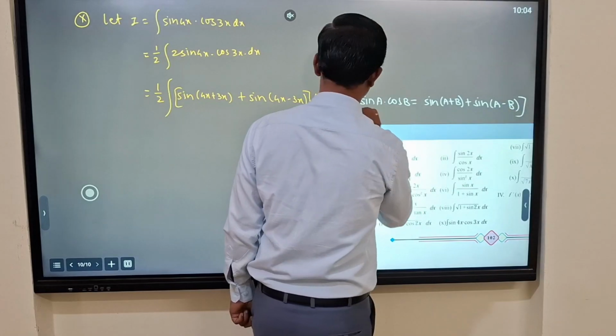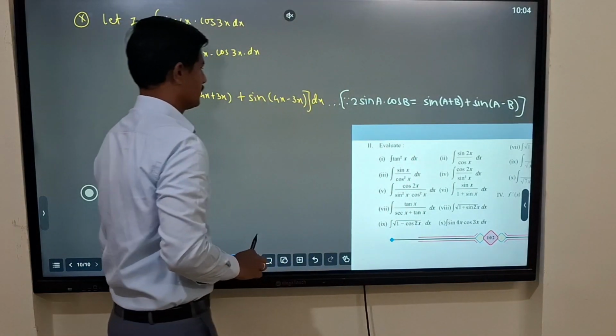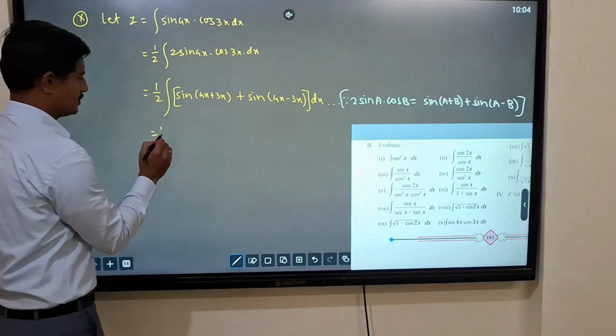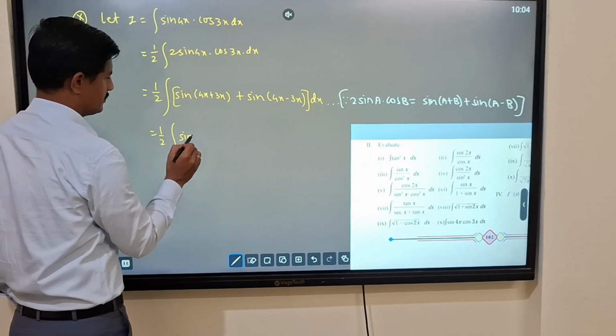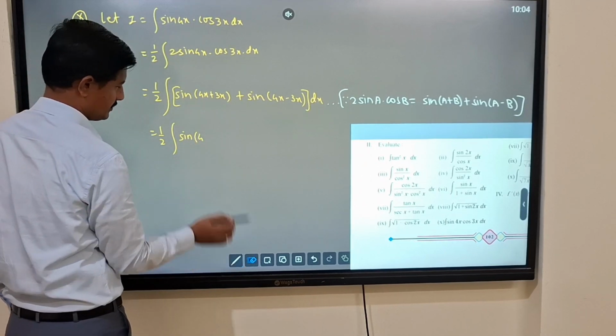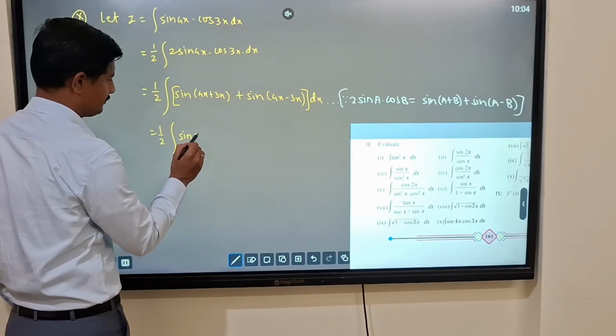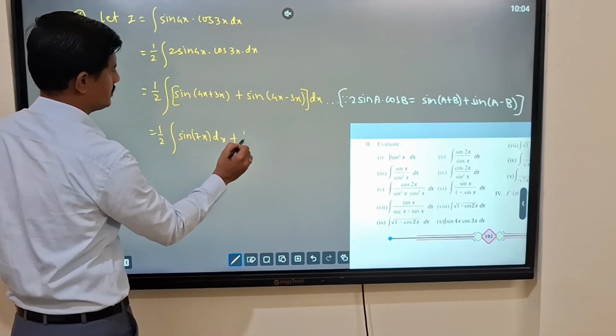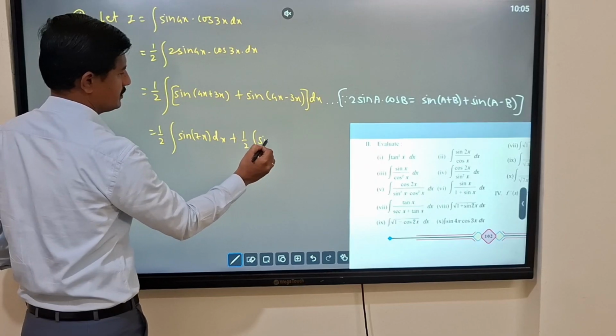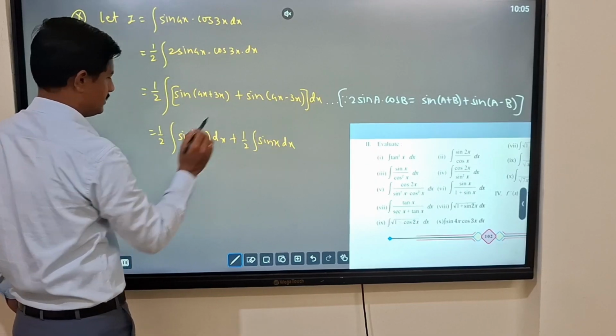Now this becomes 1 by 2 into the integration of sine 7x dx, since 4x plus 3x is 7x, plus again 1 by 2 multiplied with the integration of sin x dx.